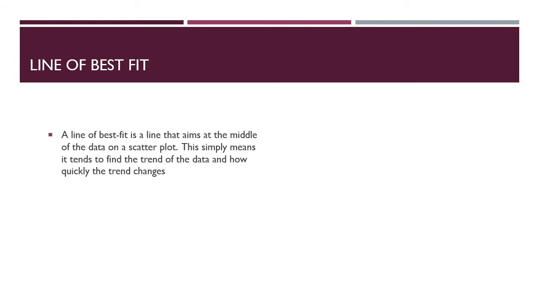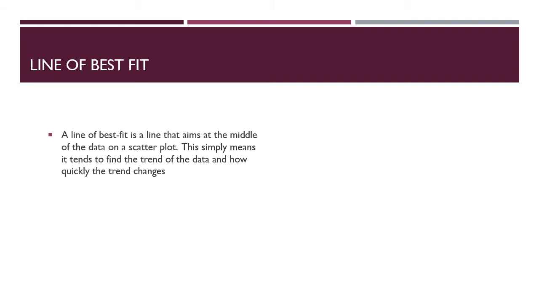When we do a scatter plot, the main idea that we have with a scatter plot is to find what's called the line of best fit, or a trend line. The line of best fit will aim towards the middle of the data on a scatter plot, and it will show us how the data is trending, if it's trending at all, and how quickly the trend is changing.